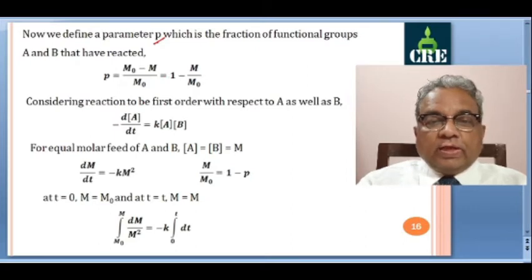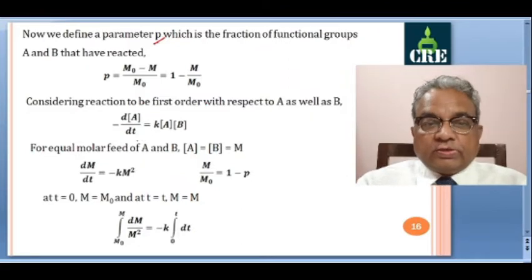So consider the reaction to be first order with respect to A as well as with respect to B. So we can write minus dCA by dt is equal to K into concentration of A into concentration of B. This is K CA CB. We have written square brackets for concentration terms.